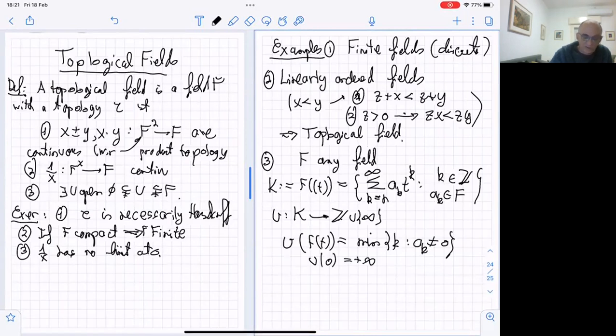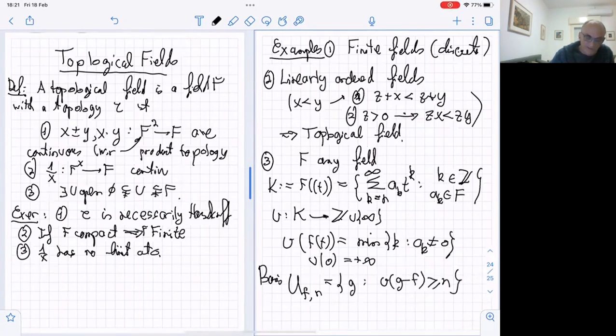And we get the so-called valuation topology, and then I guess the basis for the topology is, let's see if I'm getting it right, f of, let's say n, and you look at all the g such that the valuation of g minus f is greater or equal to n, and this is a basis for a field topology. Again, there is something to prove here, of course, that this is a field topology.